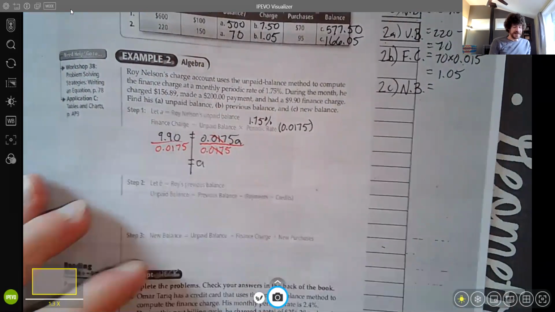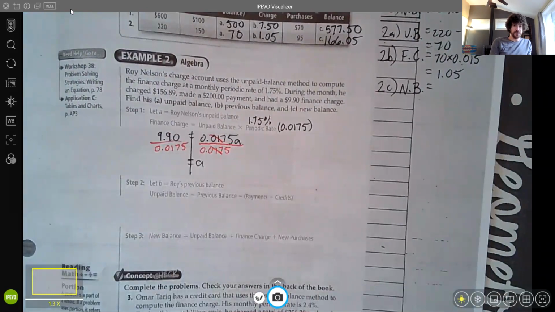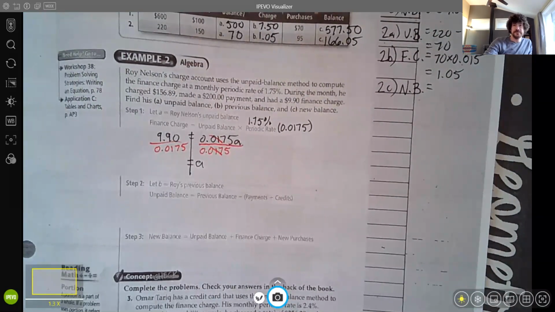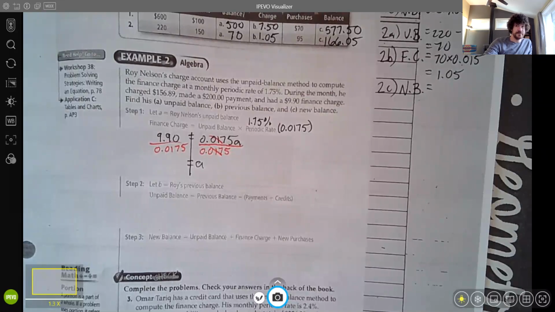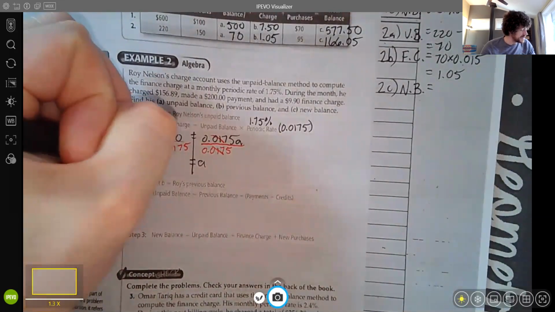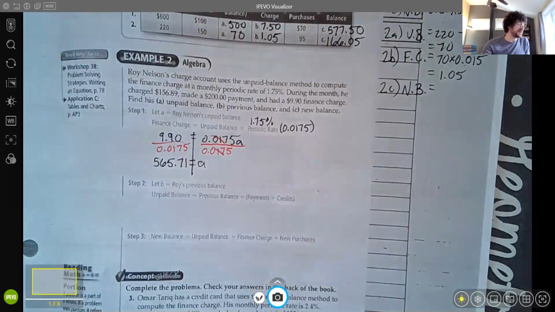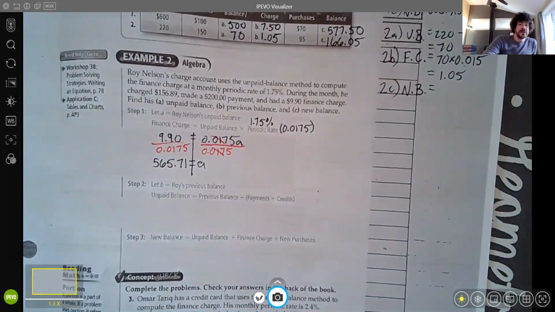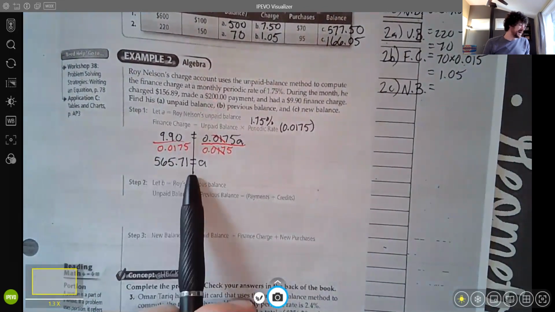Does anybody think they know what it is? 9.90 divided by 0.0175. Anybody think they know it? $565.71. Perfect. Awesome. So the unpaid balance is $565.71.